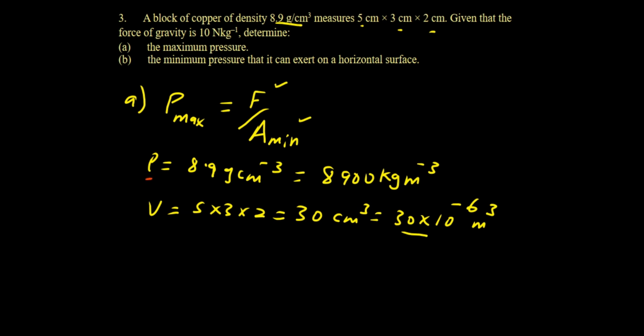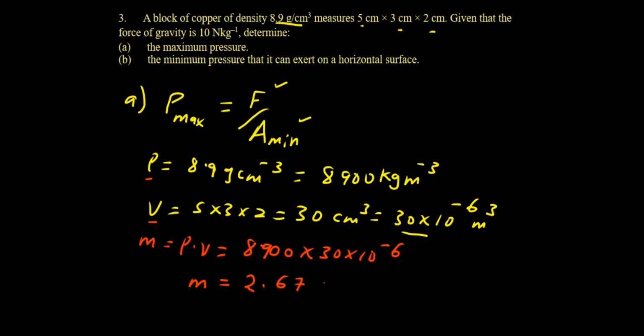Now, with these two values, we can calculate the mass. So the mass will be the density times the volume. So that is 8,900 multiplied by 30 times 10 to the power of -6. So the mass will be equal to, when you key that into the calculator, 2.67 times 10 to the power of -1 kgs.